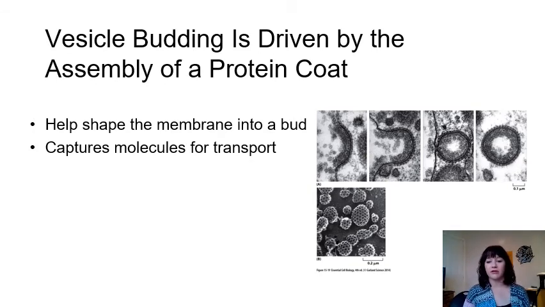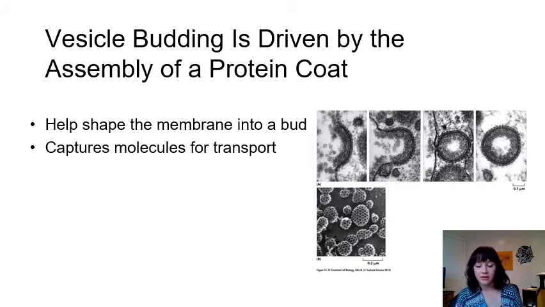Here we have an electron micrograph. You can see a vesicle forming. And on the right side, you can see that there's all sorts of these little black spots that are helping to form that round type bud shape. And they are also helping to recruit on the left side of that cell membrane the contents of the vesicle.